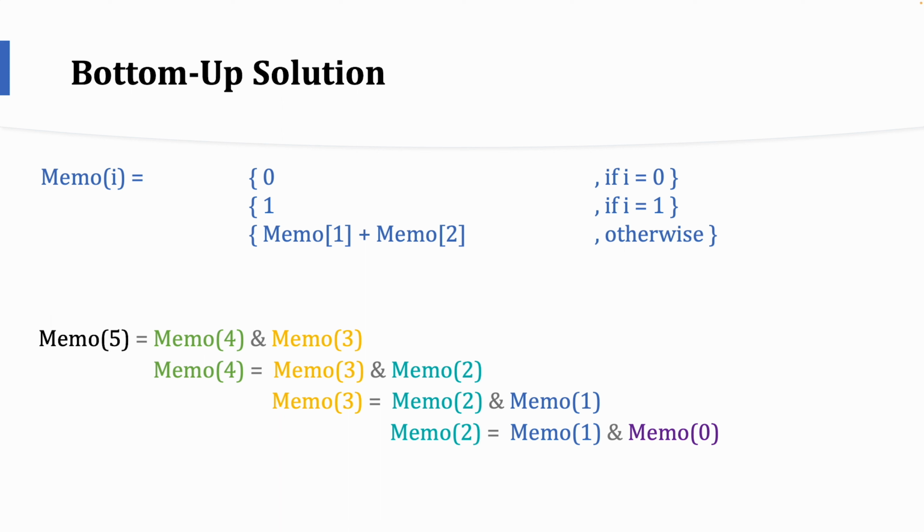And then for memo 3, we're going to have memo 2 and memo 1. And for memo 2, we're going to have memo 1 and memo 0. And that's it, because memo 1 and memo 0 are both base cases. So we don't actually have to make any further recursive calls here.